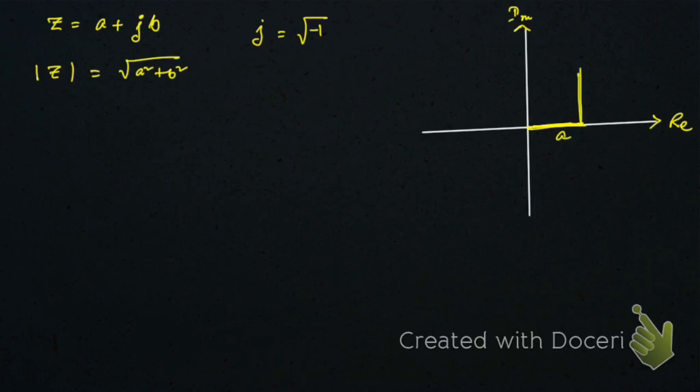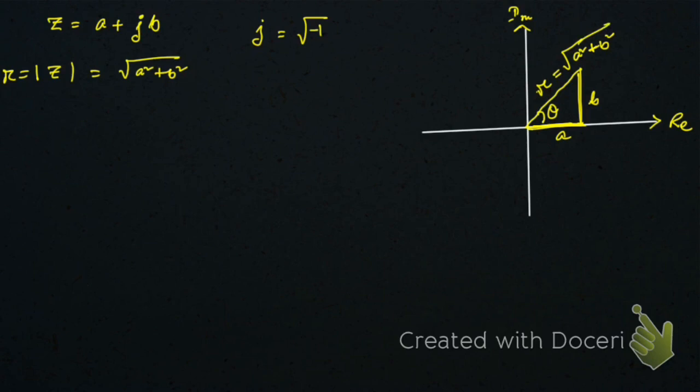Then this is your small r, and this is theta, where r is equal to mod of z, the magnitude of z, equal to root over a squared plus b squared.